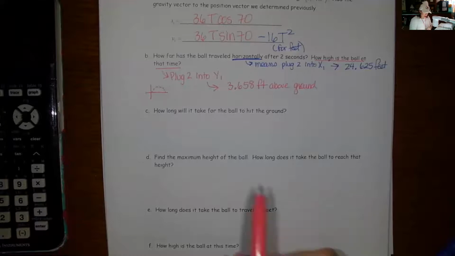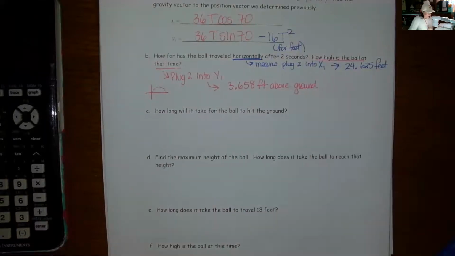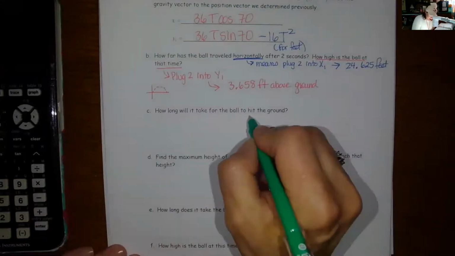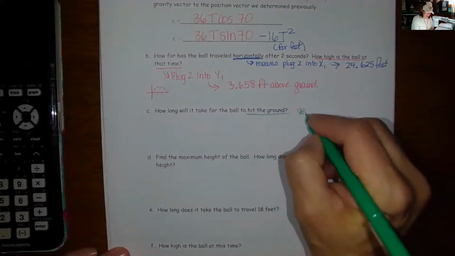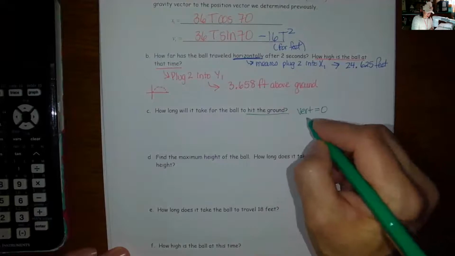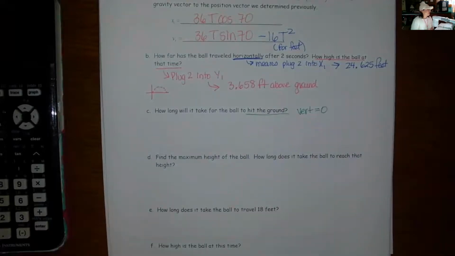0. So what am I going to do? How am I going to simulate hitting the ground? Well, vertical equals 0. So which one, x or y, equals 0? X or y, which one is 0 when it hits the ground?